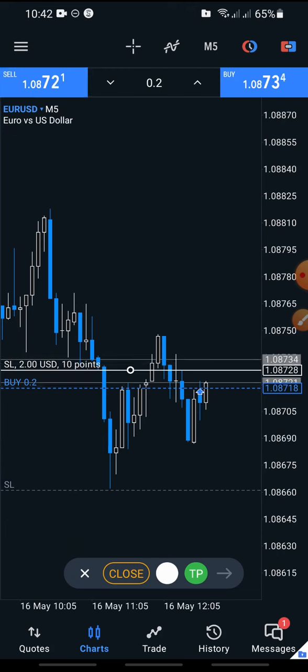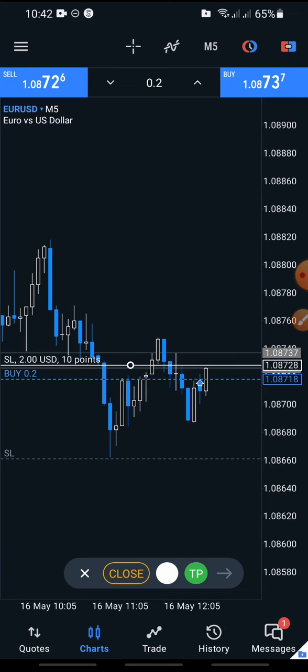That way, even if this trade comes back to tag me out, I'm not losing any money. It's just that I'm taking a very, very small profit. Are you getting me? That's the idea of having a break even. Break even will make it so that your trades don't go into profit and then come back to take you out as a loss. Your break even will keep you safe. That's its job.